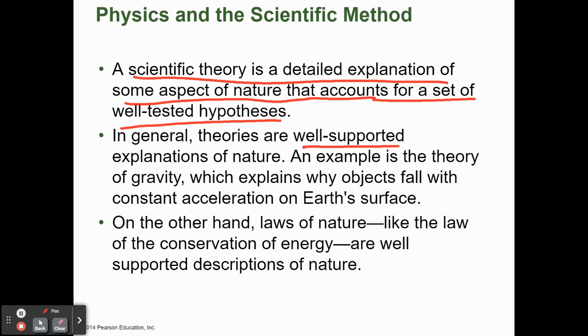So an example, and I would write this down because, like I said, it was confusing to me too. An example is the theory of gravity, which explains why an object falls with constant acceleration to the surface of the earth. Usually when we think of the law of gravity, we think: if I drop something, it's going to fall because of gravity.